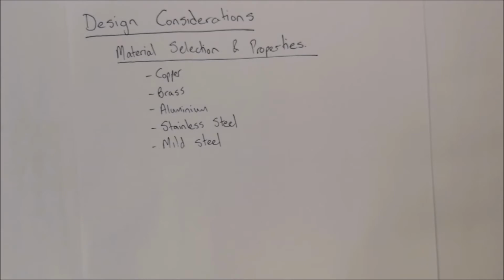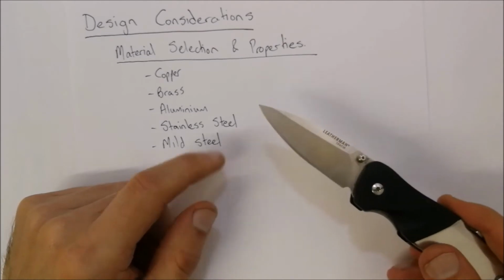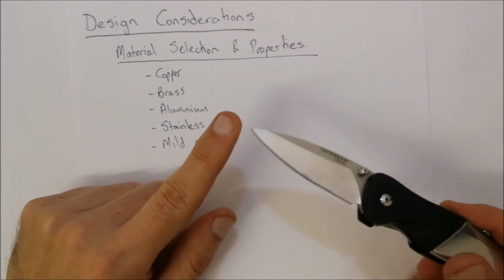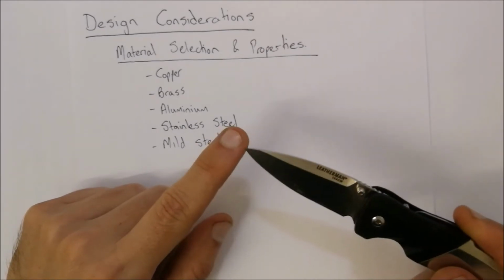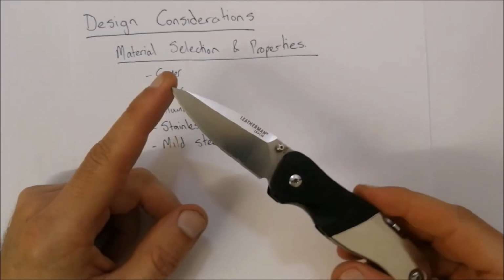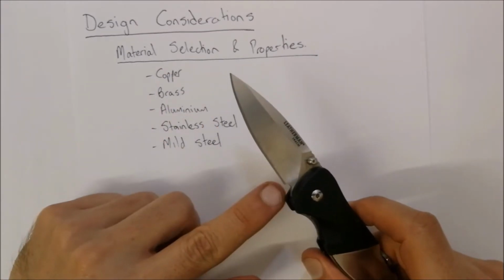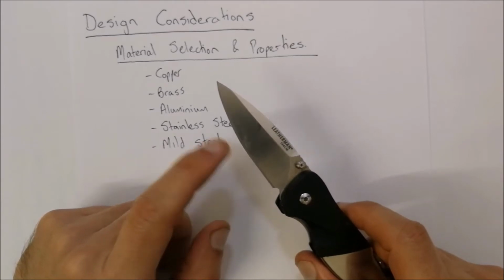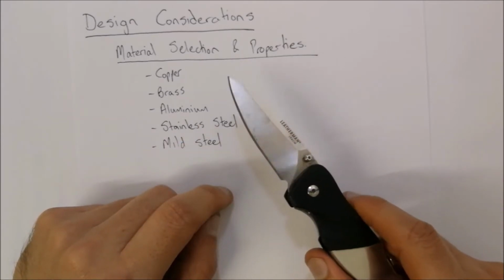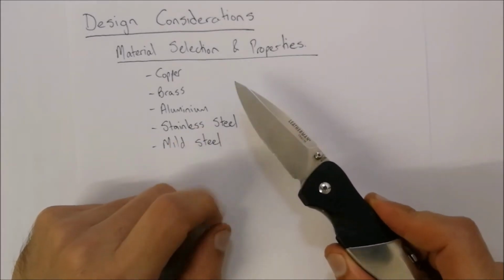Then we've got stainless steel. So stainless steel is often used in knives, and you will often see that on most knives it might say that it is made from stainless steel. So if you look at this Leatherman, you will see that the stainless steel blades are shiny obviously, but also very hard, and that's the reason why these blades are made from stainless steel, so that you're able to cut through things without it breaking.